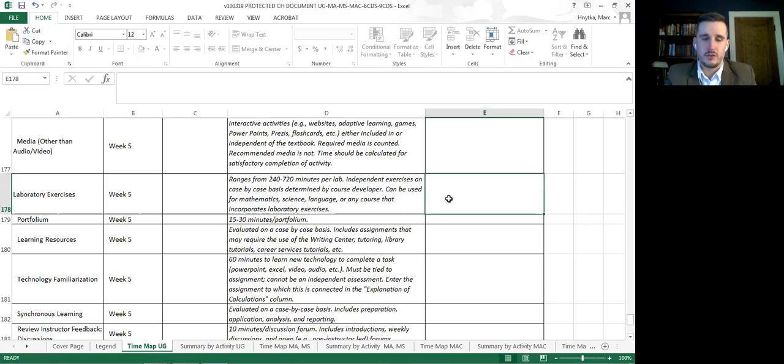So in this case, maybe we have one laboratory exercise, and the producer of that laboratory exercise has rated it at 240 minutes or 4 hours. So we would enter that like so.